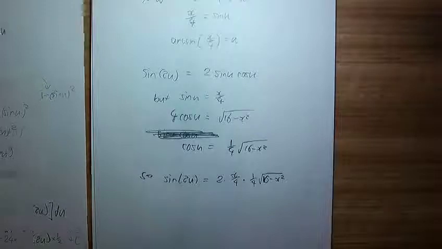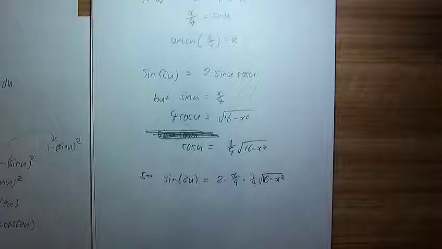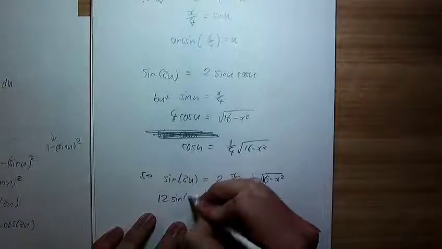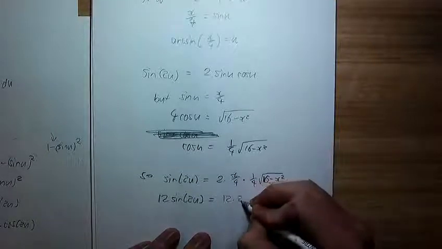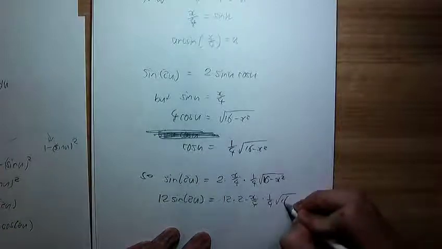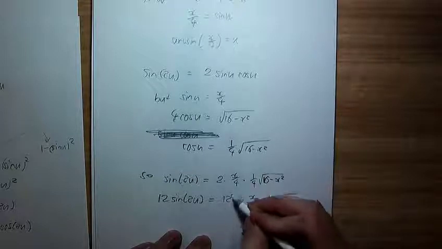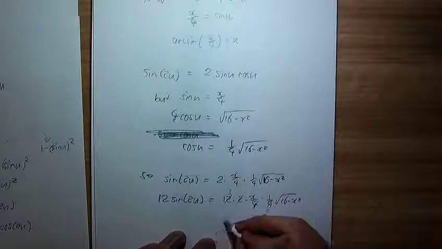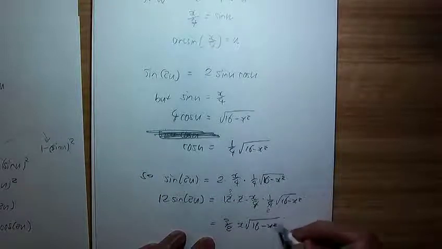I suppose technically I actually have 12 of those. I could figure that out. So let's see, that 4 can cancel with that to make a 3. That can cancel with that to make a 2. So it looks like we get 3 on 2 x root 16 minus x squared.